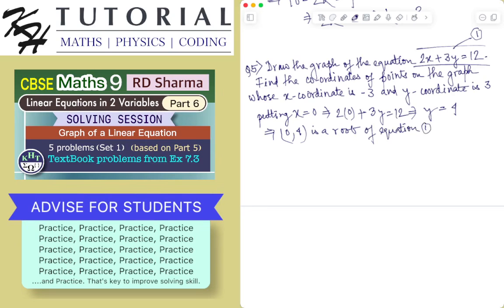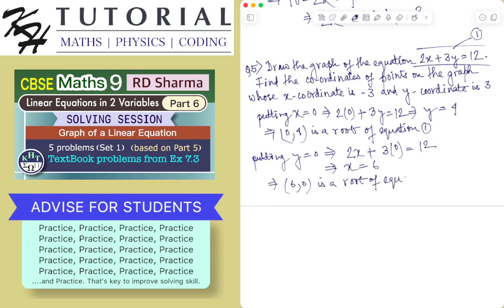Now again, to find another root of the equation, I will put the value of y as 0. Putting y as 0 implies 2x plus 3 into 0 is equal to 12. This implies x is equal to 6. So this implies that (6, 0) is a root of equation 1.